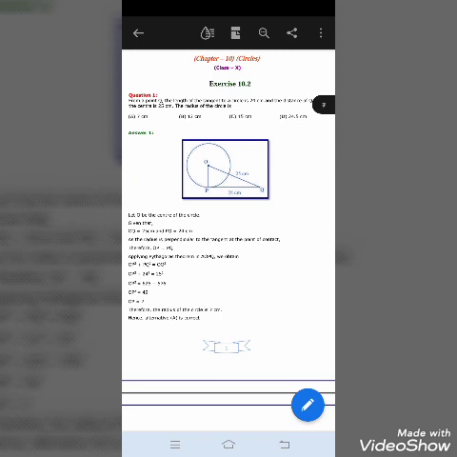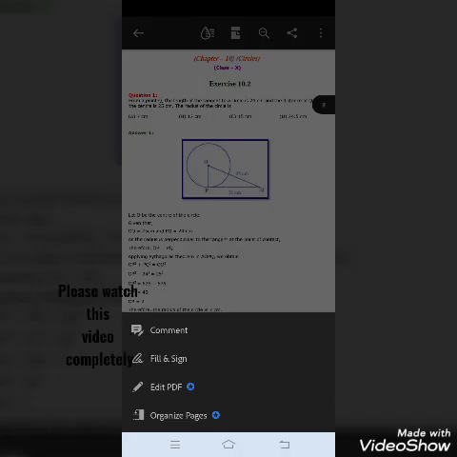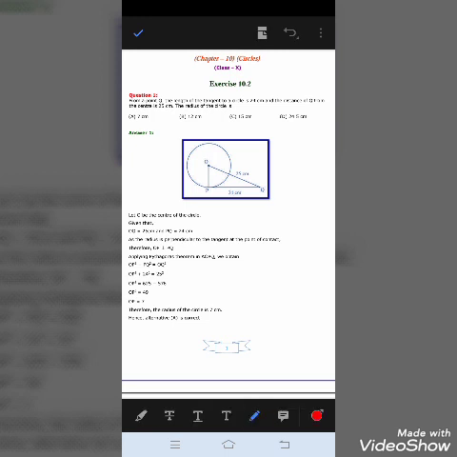Today we are going to solve CBSE 10th standard chapter number 10, Circles, exercise 10.2. Question number 1: from a point Q, the length of the tangent to a circle is 24 centimeter, which is already mentioned here, and the distance of Q from the center is 25 centimeter.